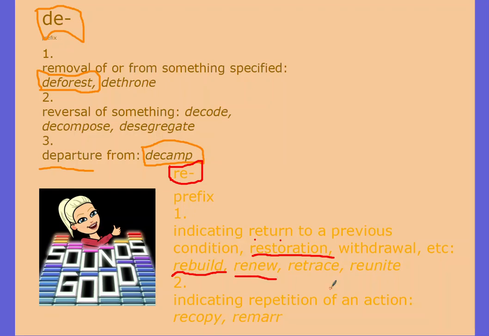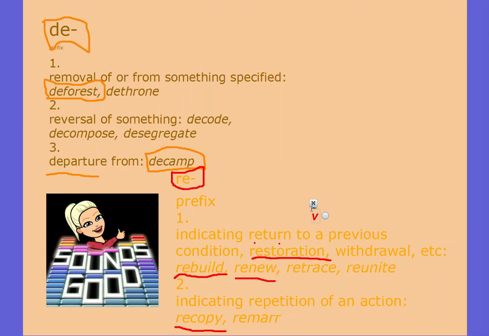Okay, it can also mean a repetition. So to do something again. So to recopy is to do something again. Okay, just have a look at those words for a second. If you, for example, review something, you are doing it again.